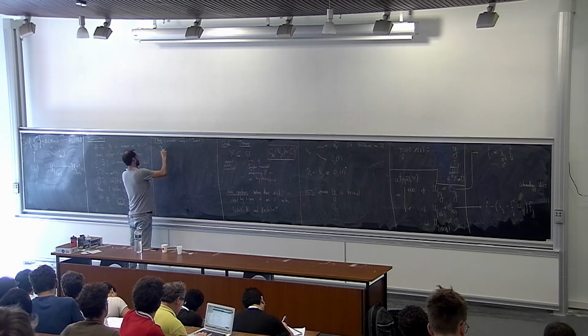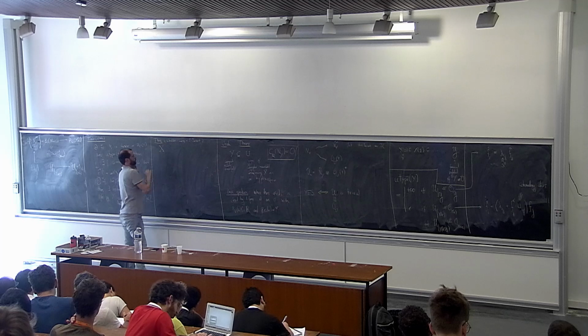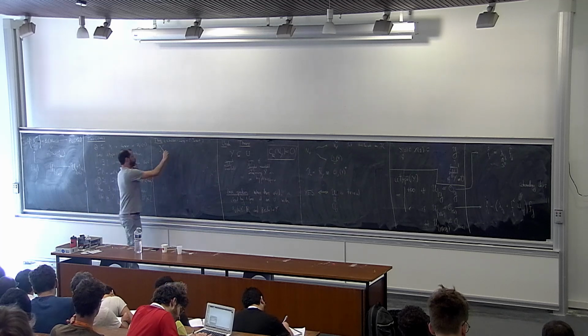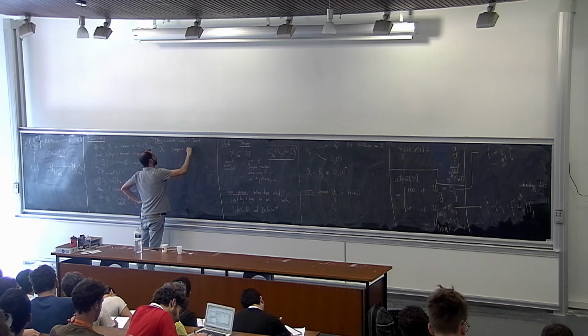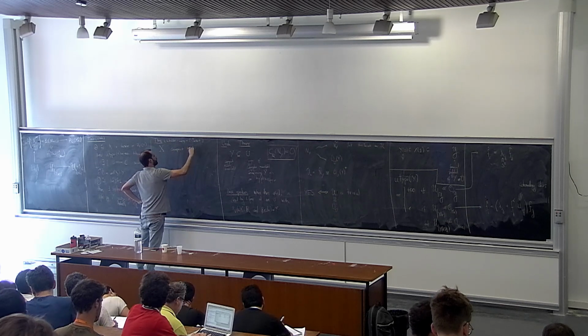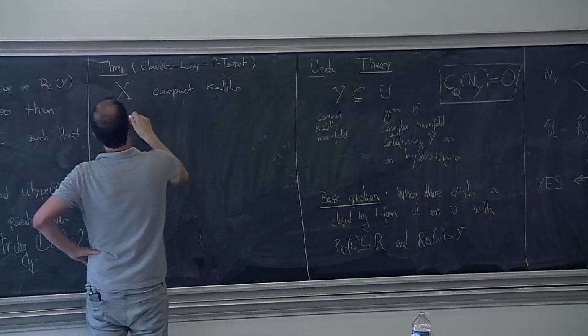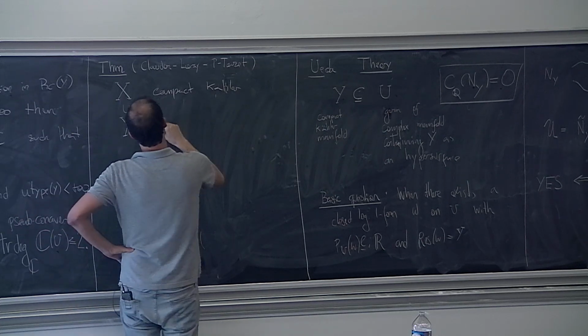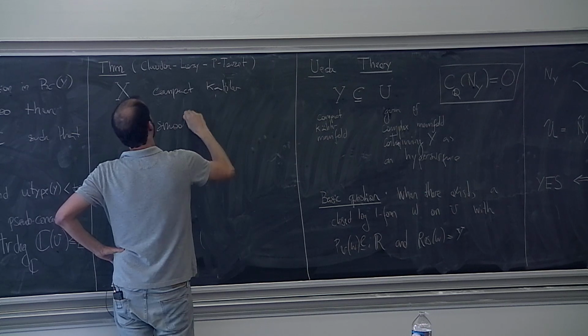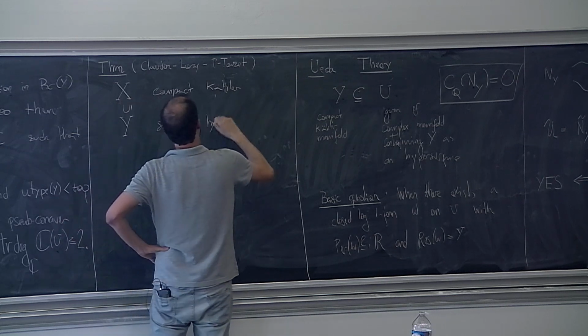So now let X be a compact complex manifold, and Y contained in X a smooth hypersurface. Smooth and connected, of course.